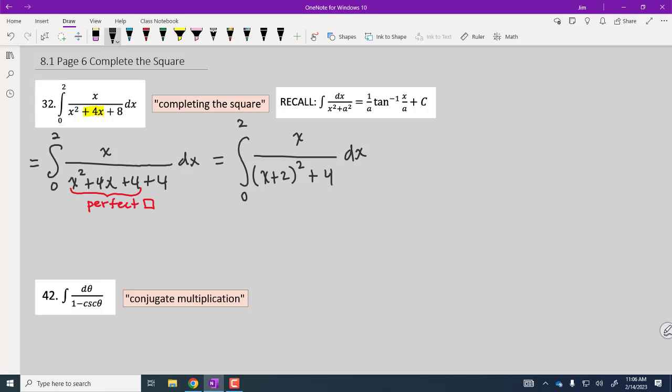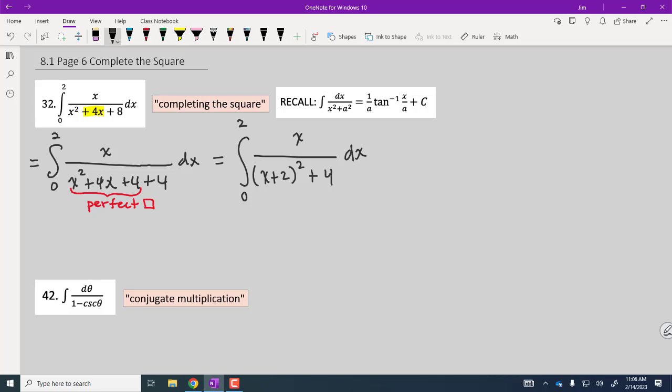If we could make that like u squared plus 4, that would be a strategy. So if we just did u substitution right now, it's not quite in arctangent form, right? Because arctangent just has a 1 in the numerator. Right? We don't have an x. So we can't use arctangent yet, because that's not arctangent.